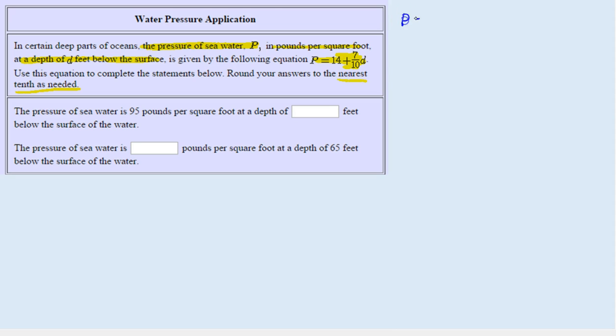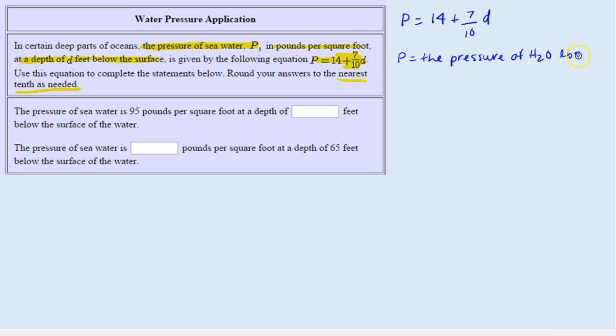So we have P equals 14 plus 7/10 d, where P equals the pressure of the water, and that's measured in pounds per square foot.